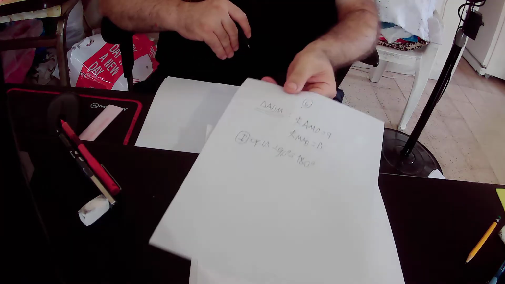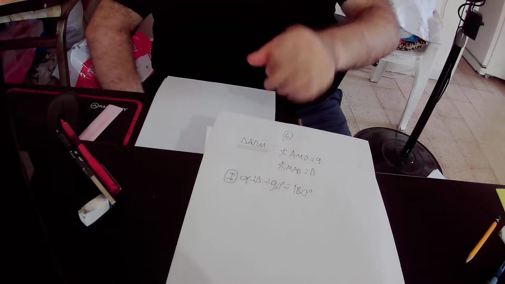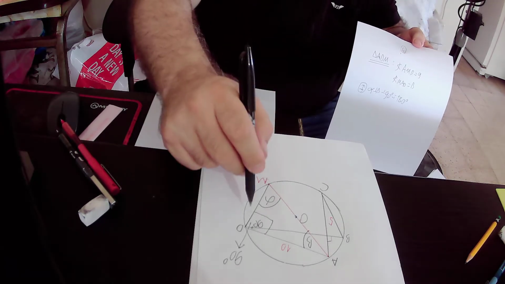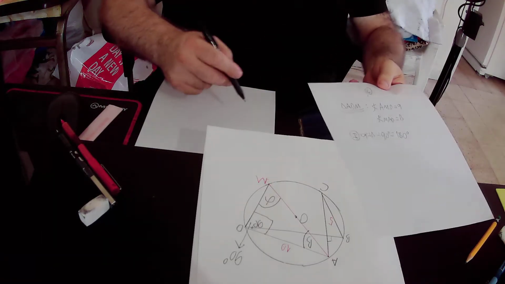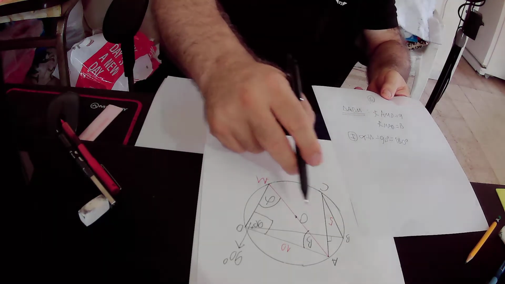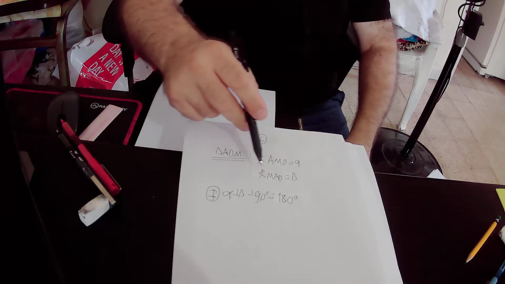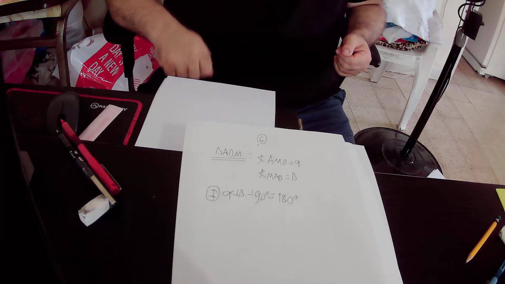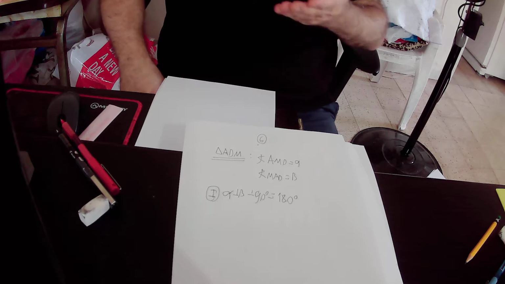So our first equation states that the sum of the angles in the right triangle AMD equals 180 degrees. That is to say, alpha plus beta plus 90 degrees equals 180 degrees. Now we will subtract 90 degrees from equation number 1.